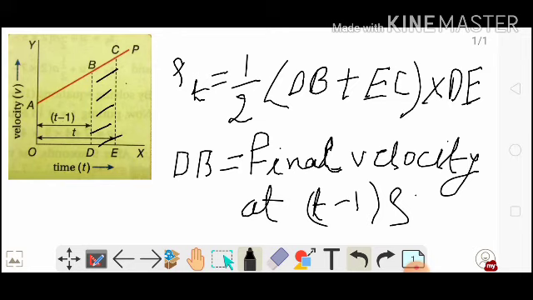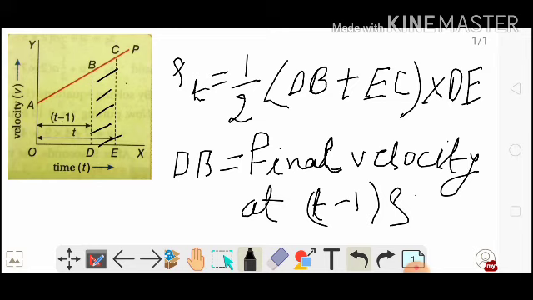Here DE represents the time interval that I have already mentioned is 1 second, so we'll put 1 in the place of DE, and DB is the final velocity attained by the object at the end of t minus 1 second, and same EC will be the final velocity attained by the object at the end of t second. So we'll use the formula v equal to u plus at for finding out DB and EC.